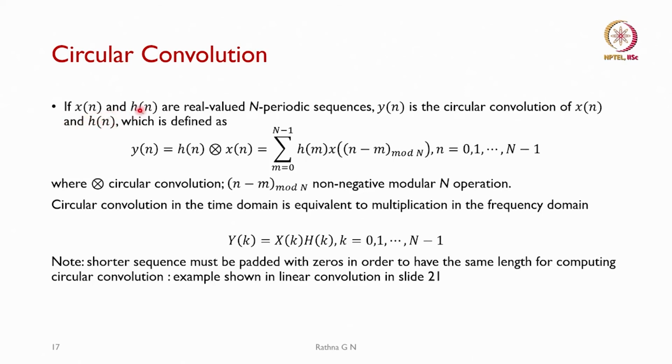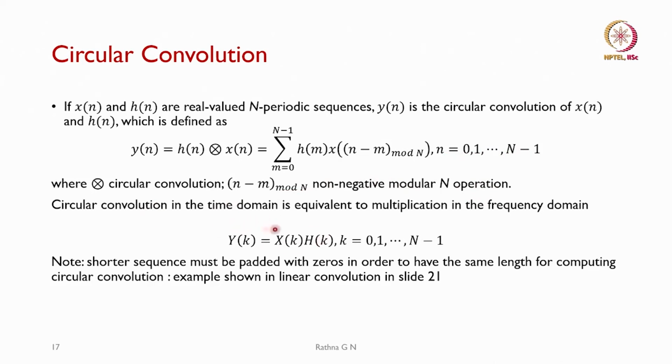So, we have x of n and h of n, which are real valued N periodic sequences. y of n is the circular convolution of x of n and h of n, which is represented as y of n is h of n, with the circular convolution notation, with x of n, which is given as the sum of h of m into x of n minus m mod N. That means we will be considering the non-negative modular N operation. n is varying between 0 to N minus 1 in this case.